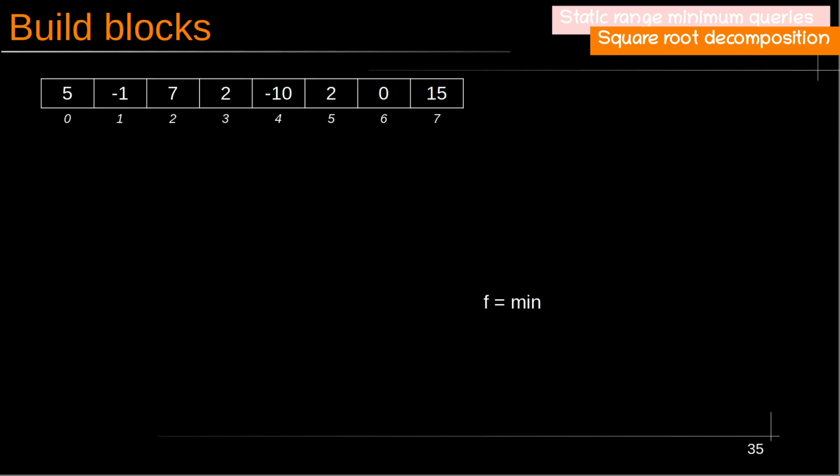Let's take an example, or before that, let's see how to build this array blocks. Here I have an array of size 8, so m is the ceiling of square root 8, which is equal to 3.